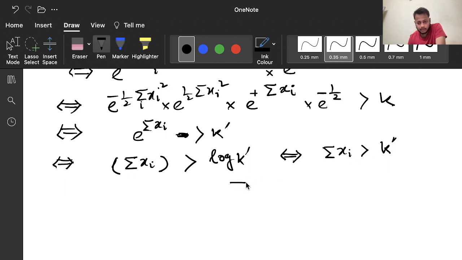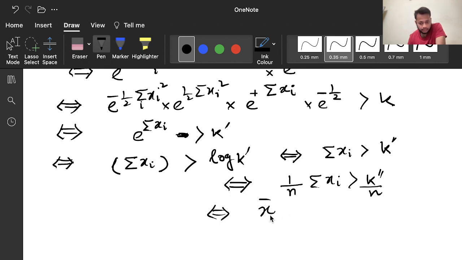Now let's redefine our variable: 1 by n summation of xi greater than k double prime by n, which is x bar.